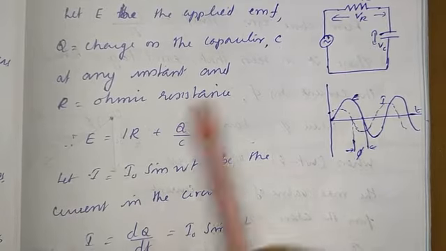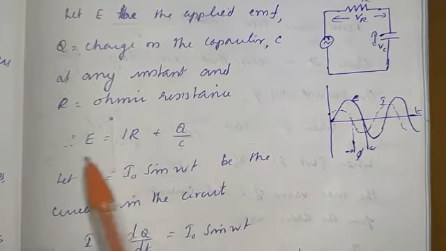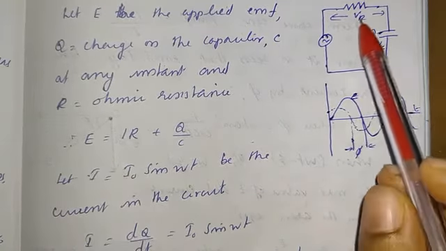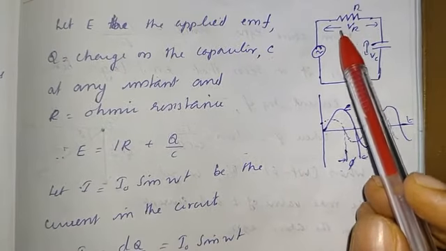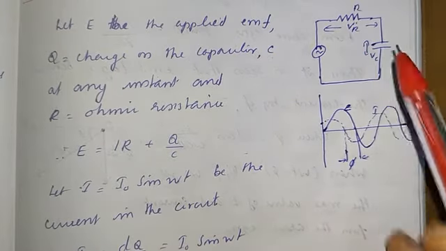Now the total EMF in the circuit can be written as the potential drop across this component and this component.